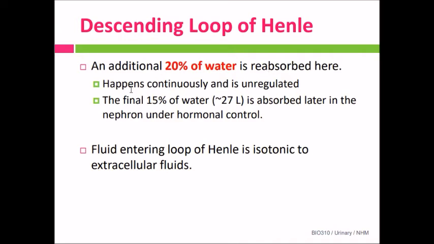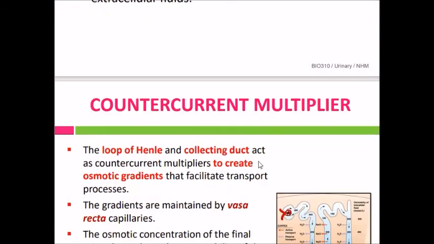So this process happens continuously and is unregulated, until the final 15% of water is absorbed later in the nephron under hormonal control. And the fluid entering the loop of Henle is isotonic to extracellular fluid.